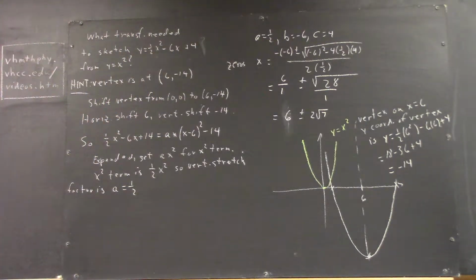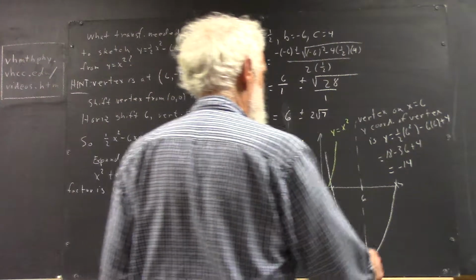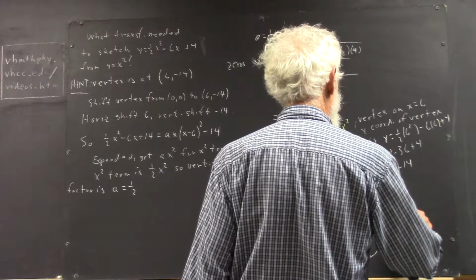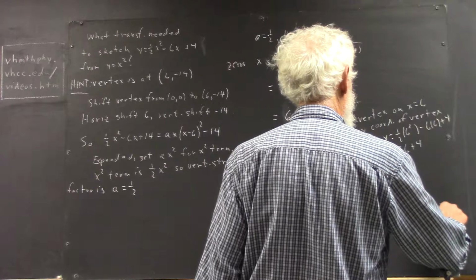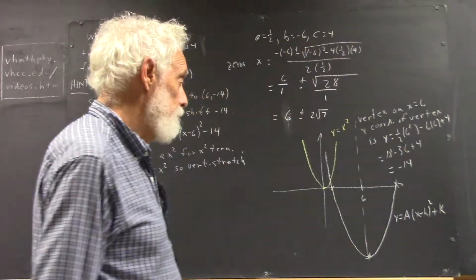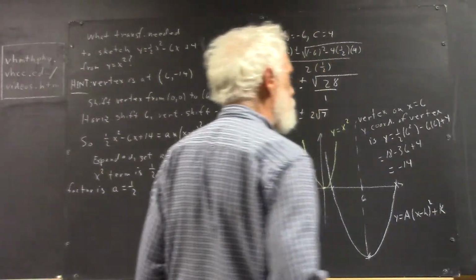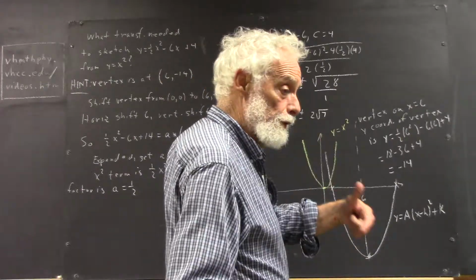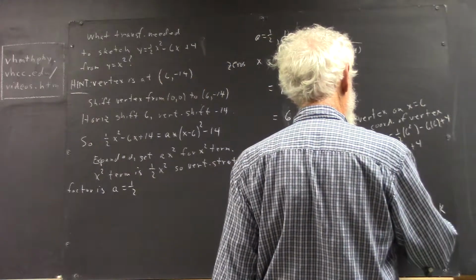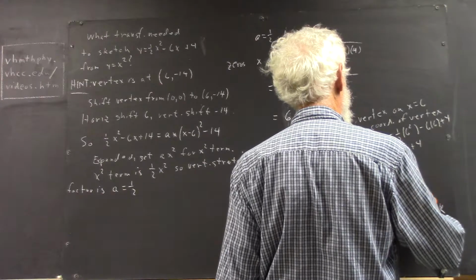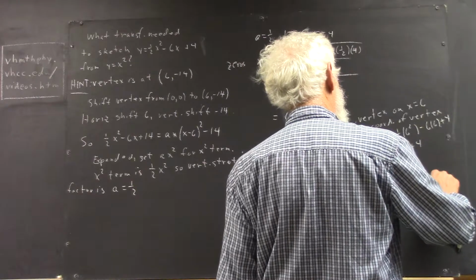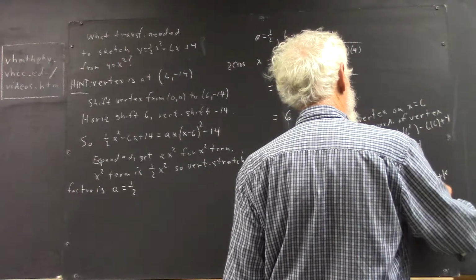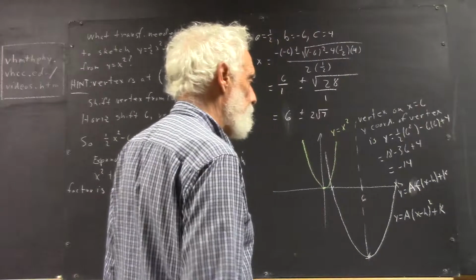And we know that our transformed function is of the form y equals a times (x minus h) squared plus k, because we're going to do a vertical stretch, a horizontal shift, and a vertical shift. So you have y equals a f of (x minus h) plus k.